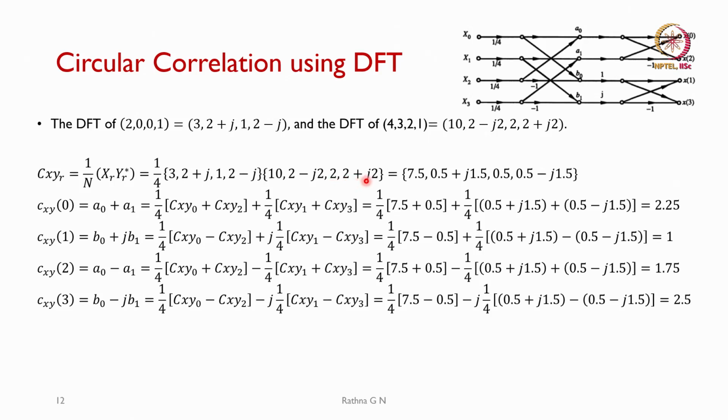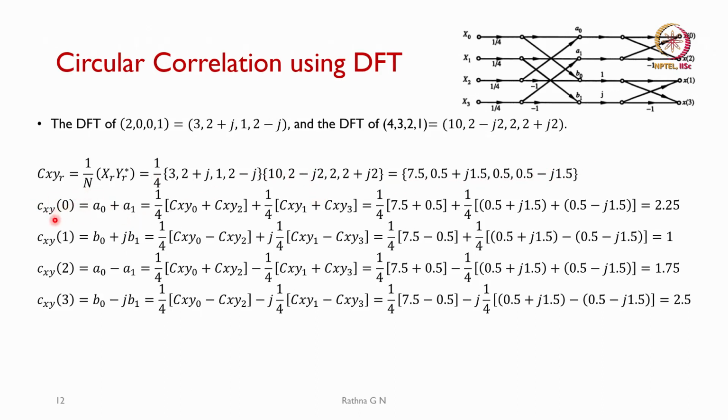When you take the conjugate, the positive becomes negative and vice versa, and then calculate these values. You will see that it is 7.5, 0.5 plus j1.5, 0.5, and 0.5 minus j1.5. This is our value for Cxy(r).